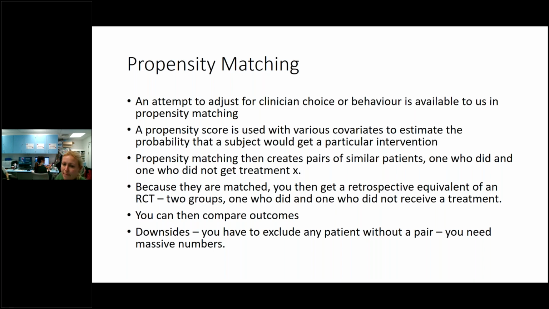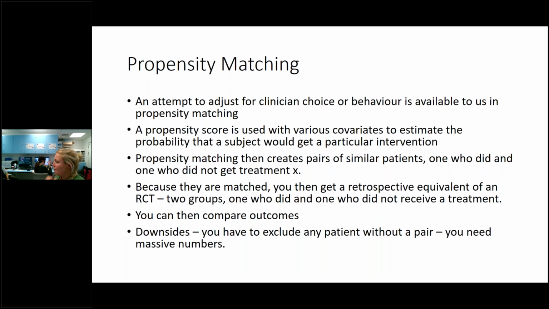And then you try to match the patients into pairs, one who did and one who did not. So you're trying to find in your data 2 babies who appear to have presented to your ED with exactly the same heart rate, exactly the same lactate, exactly the same SATs, exactly the same gas, and one of them someone put on CPAP and one of them someone put on Optiflow.